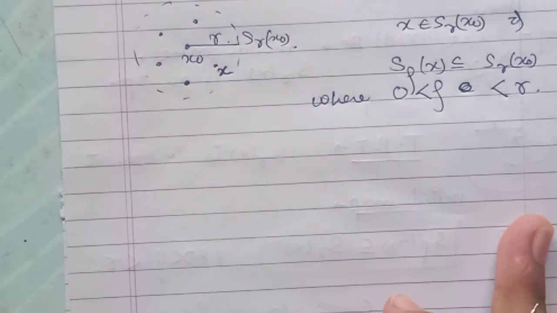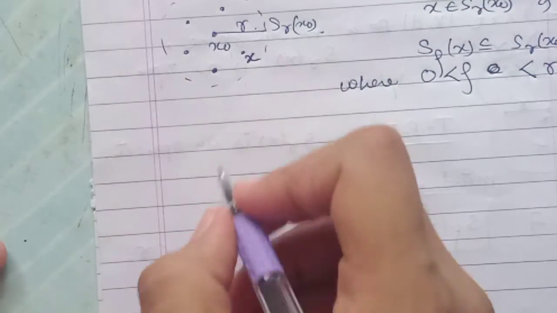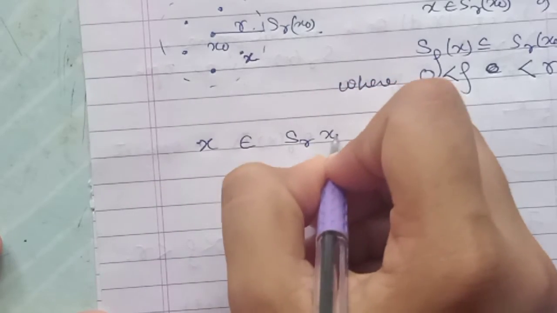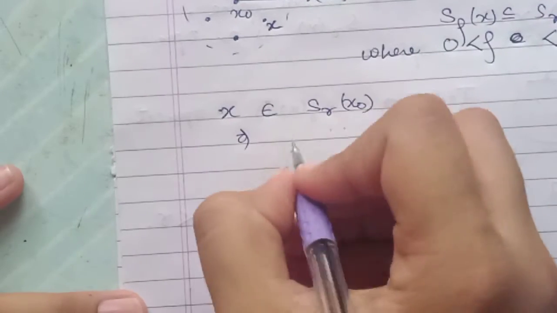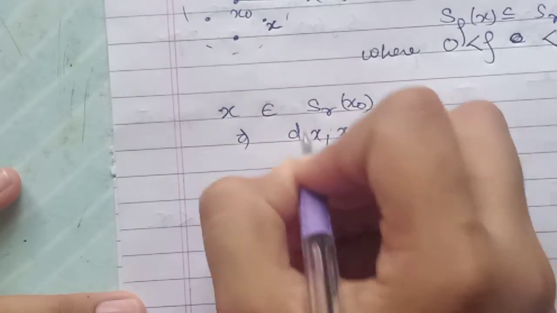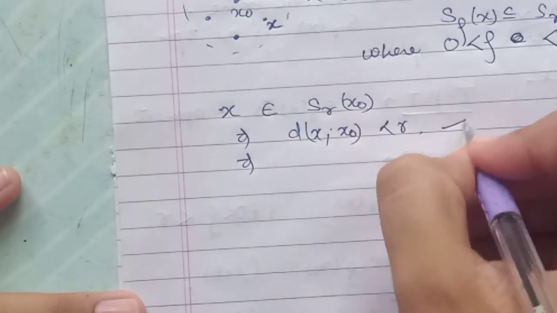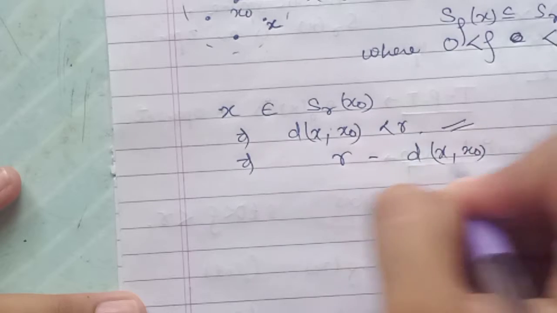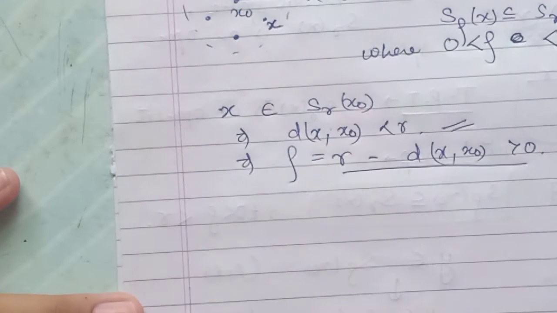Now in order to prove this, we'll begin like this: suppose X is an element of S_R(X0). That implies, by the definition of open sphere, we can say that the distance between X and X0 is less than R, right? Or we can write this as R minus the distance between X and X0 is greater than 0. Now suppose this quantity is rho.